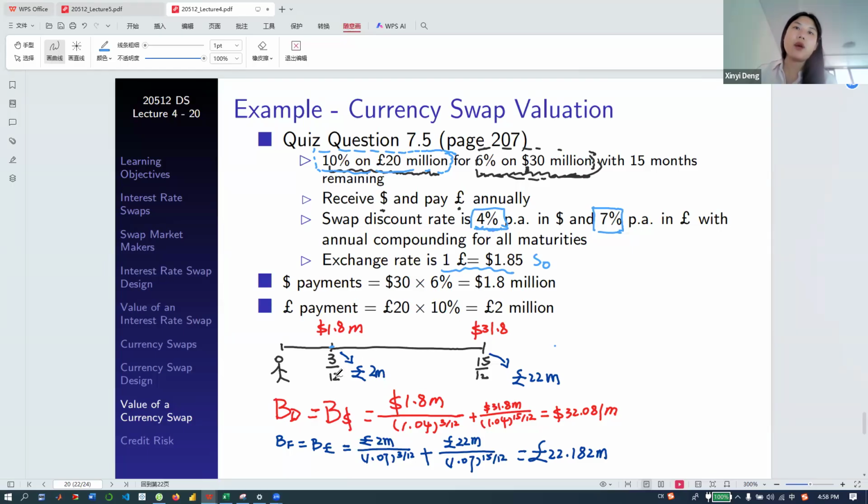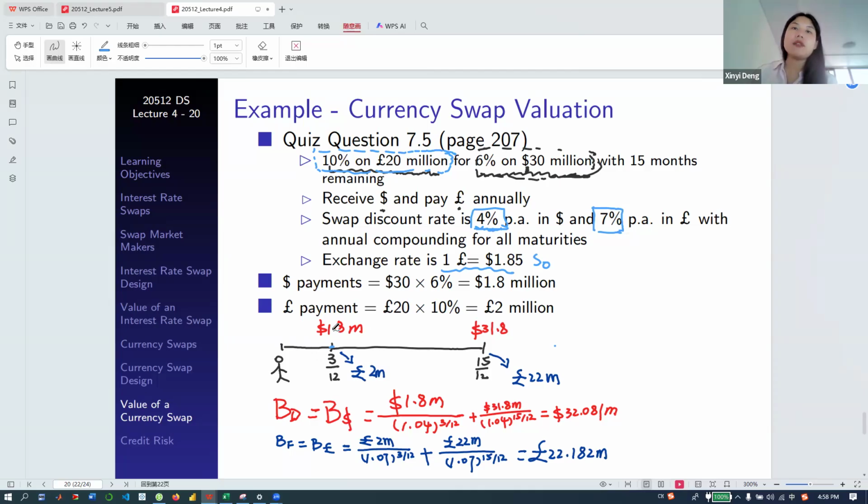I'm dividing by 12 here just to quote the time interval in years. And we are going to receive our final payment after 15 months.